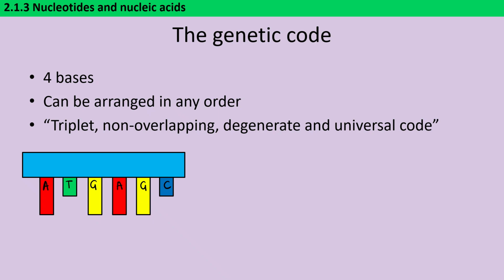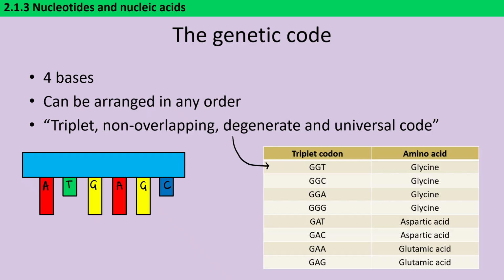When we describe the genetic code as degenerate or redundant, what this means is that there are multiple different DNA codes that code for the same amino acid. So for instance, to code for glycine, there are 4 different codons that I could use. And then a universal code means that in every organism, the same DNA sequence is going to code for the same amino acids.